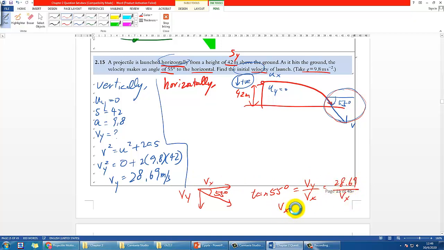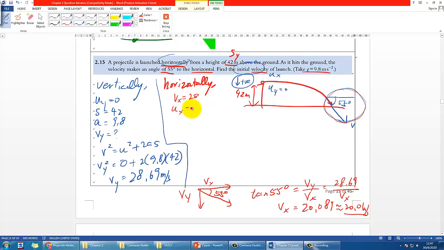So Vx using a calculator should be 20.089, so I guess it's 20.01 maybe, or simply 20 if you like. So let's just keep Vx as 20.